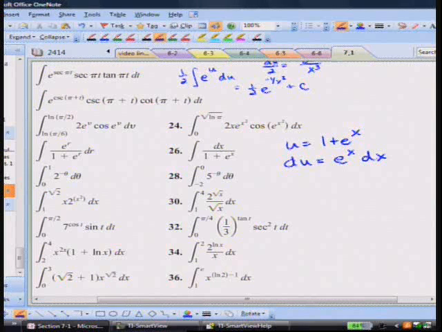So you've got that e to the x there, kind of messing you up, isn't it? Because it's not going to quite work on that. So I think we're going to have to be snazzy.